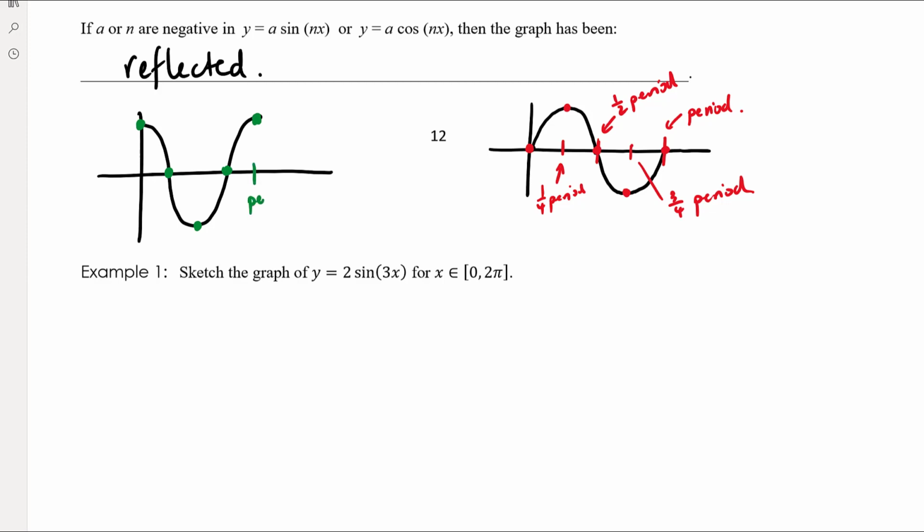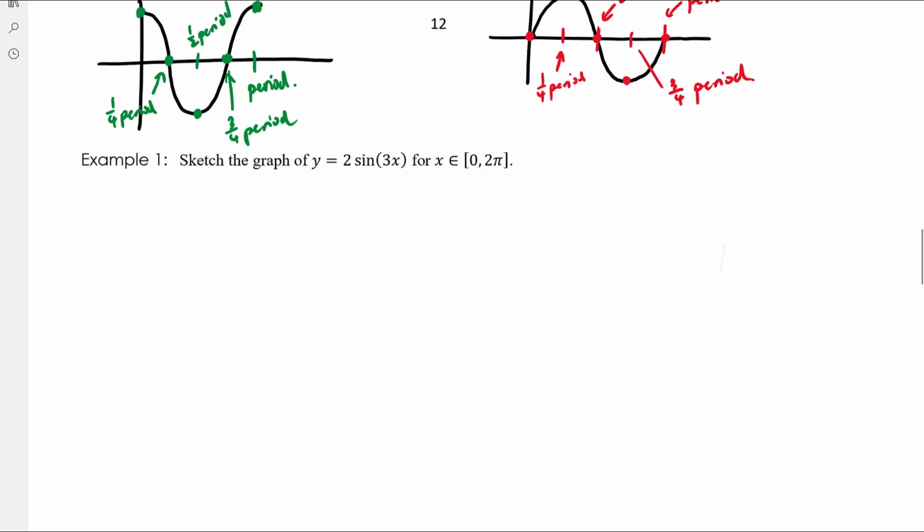You're going to need the period, half the period, a quarter of the period, 3/4 of the period. So again, you want to take your period and divide that scale into 4 equal sections to help you plot out the 5 key points that define one period of a sine or a cos curve. It's really important, and that only becomes more important as we add in more transformations such as the translations, where things are really going to start to get quite complicated.